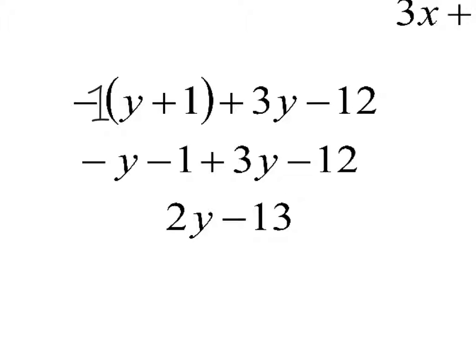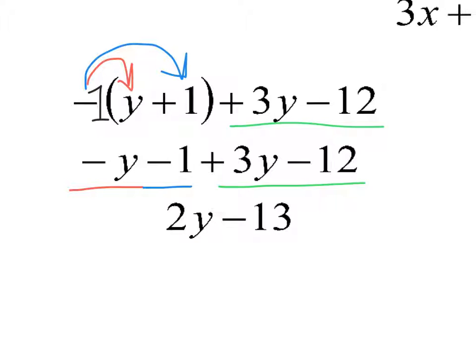So negative 1 times y and negative 1 times 1. Negative 1 times y gives me negative y, and negative 1 times 1 gives me negative 1. Over here, these all stay the same as they were because we're not distributing anything, so we don't have to worry about those.